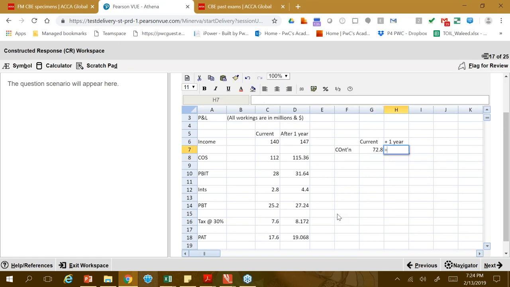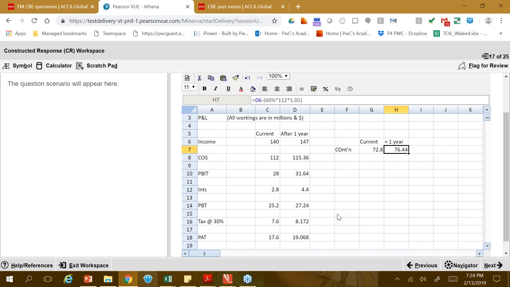And plus 1 year, we'll take the D6 minus the 60% of the cost of sales, which were increased into 60% of the 112, and then we increased it by 1.05. So that will give me the contribution after 1 year.